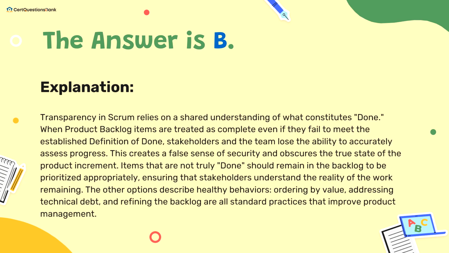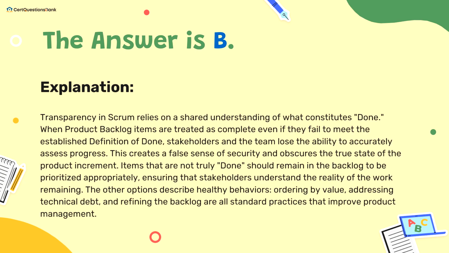The answer is B. Transparency in Scrum relies on a shared understanding of what constitutes done. When product backlog items are treated as complete even if they fail to meet the established definition of done, stakeholders and the team lose the ability to accurately assess progress. This creates a false sense of security and obscures the true state of the product increment.